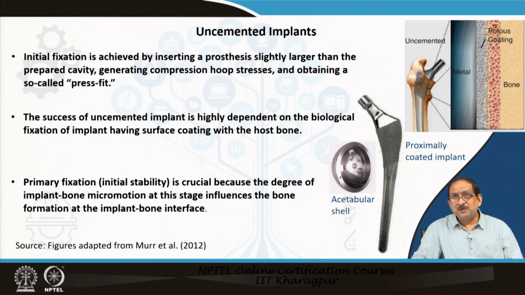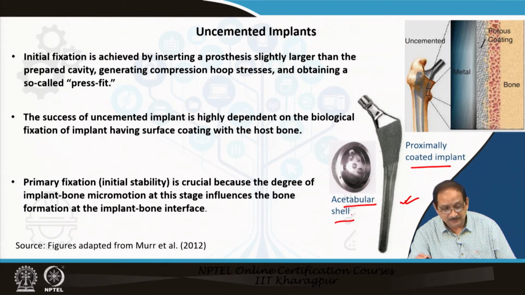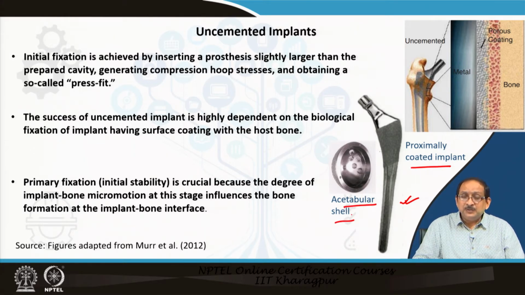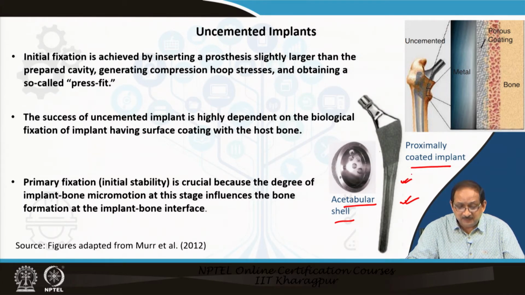Now, let us focus our attention on the figure presented here. We have a proximally coated hip stem and a porous coated acetabular shell. Now, component coating can be full or partial. In this case here, it is a partially coated hip stem.